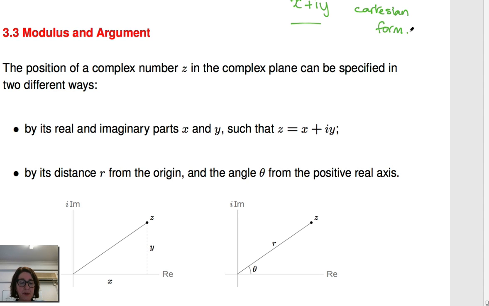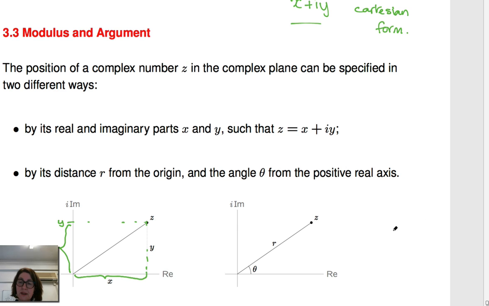If you draw it on the Argand plane, here's my complex number z, and the way we represent its coordinates x and y is that if we go down to the real axis, then this distance here is the x coordinate, or the x part of the complex number, and if we go across to the imaginary axis, then this coordinate is the y coordinate, so that's the imaginary part of our complex number. And we've seen how to do arithmetic and so on with a complex number in Cartesian form.